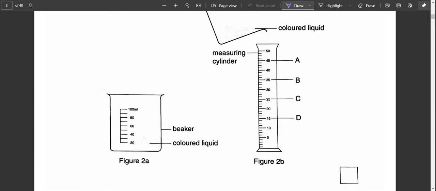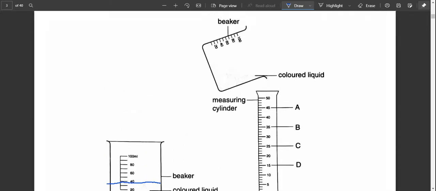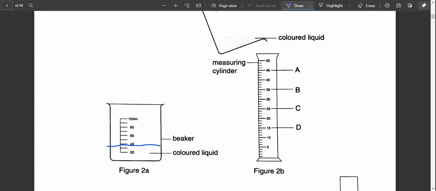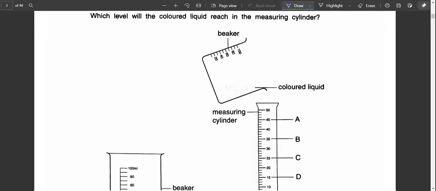Pay attention to figure 2a first. The diagram is not very clear, but I can see the line somewhere around here. Then the question asks where it will be after you pour the beaker in 2a into 2b.